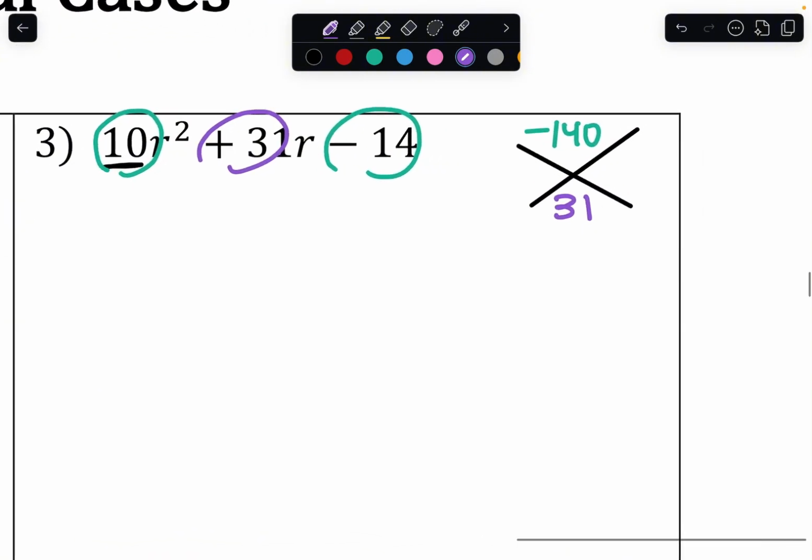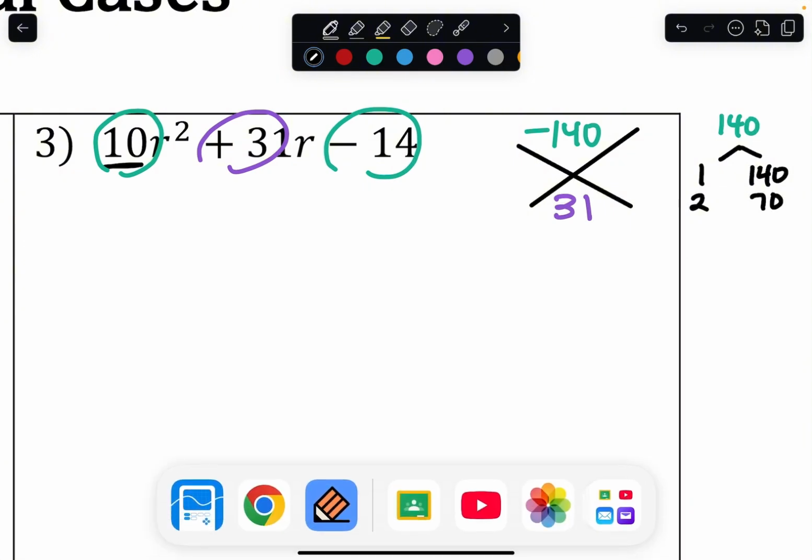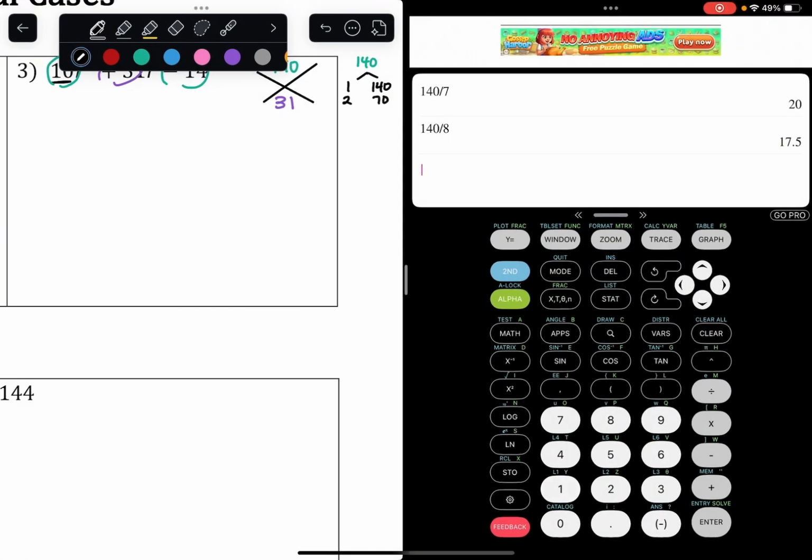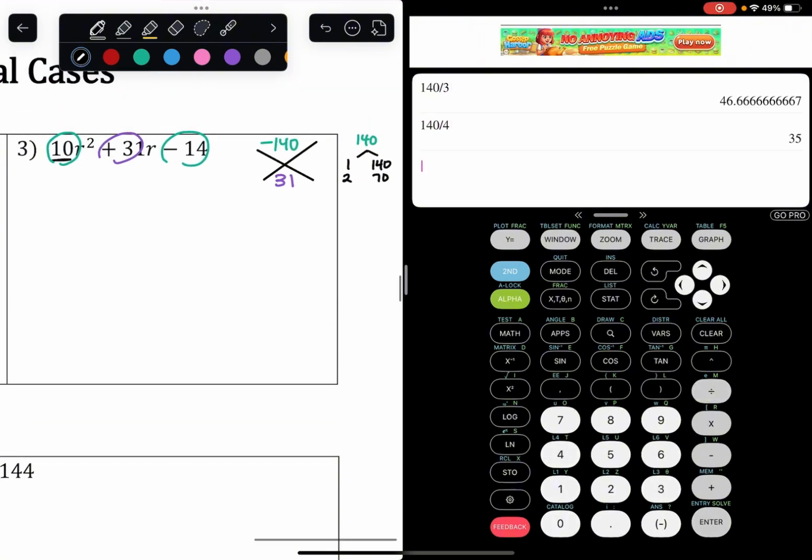And so to make our list, just focus on the 140. Starting with 1 and 140, 2 and 70, 3, if you're not sure, do 140 divided by 3. Doesn't work. 140 divided by 4 is 35.